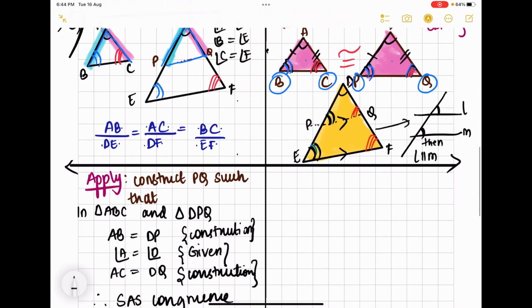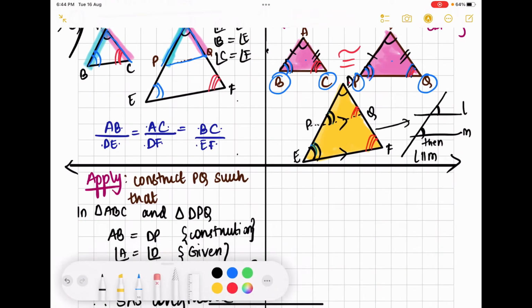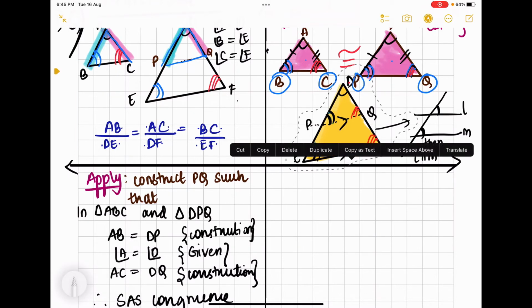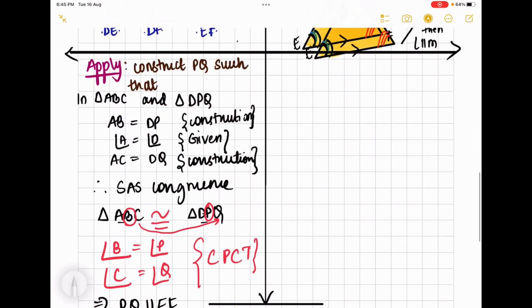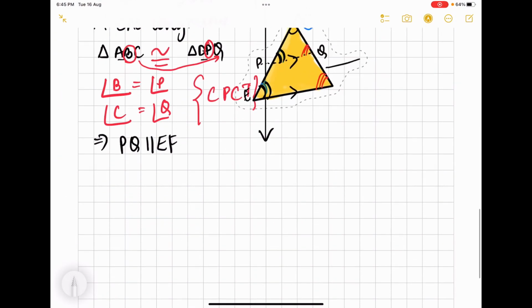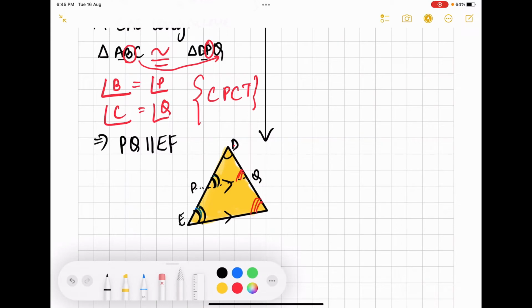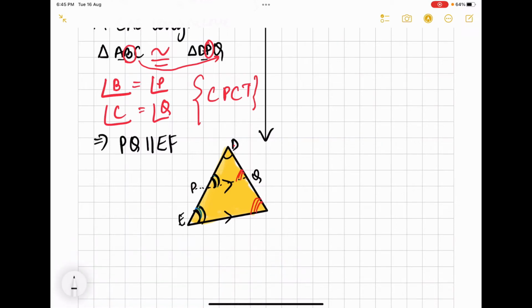Let us bring down that triangle over here. Okay. Now I have a triangle which has parallel lines. We are having PQ parallel to EF.